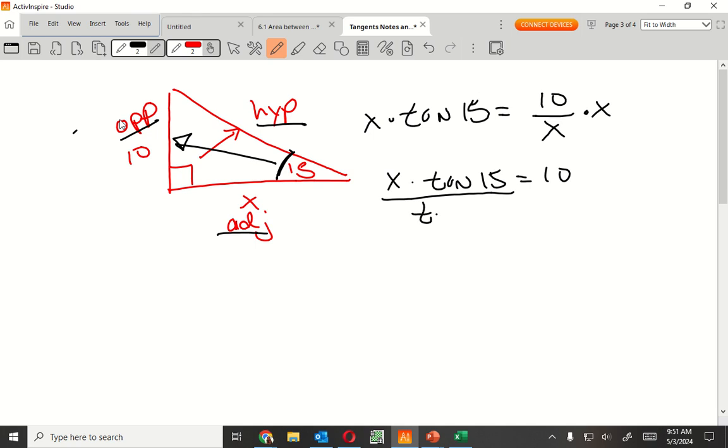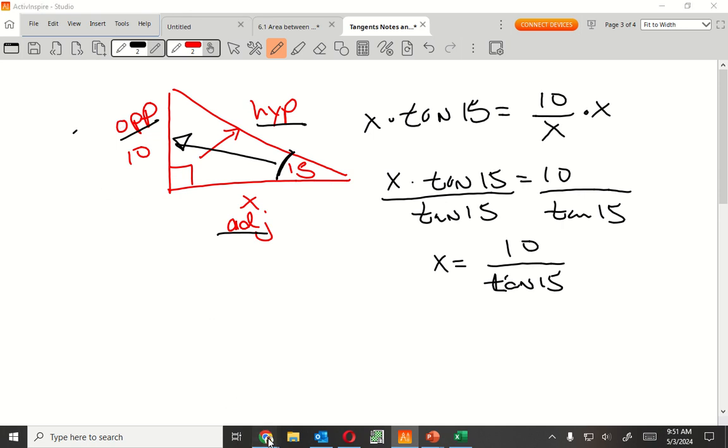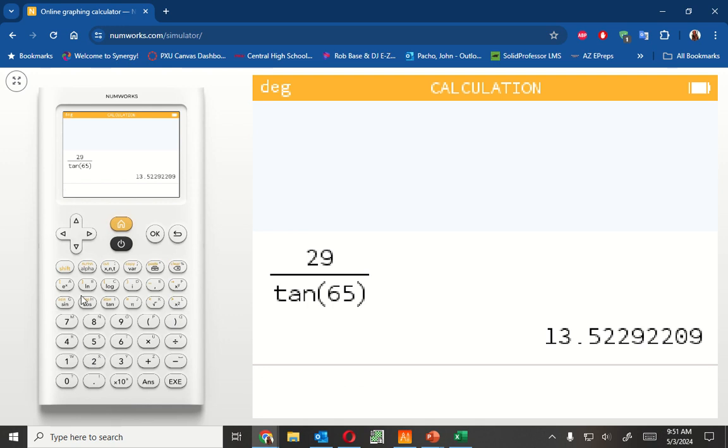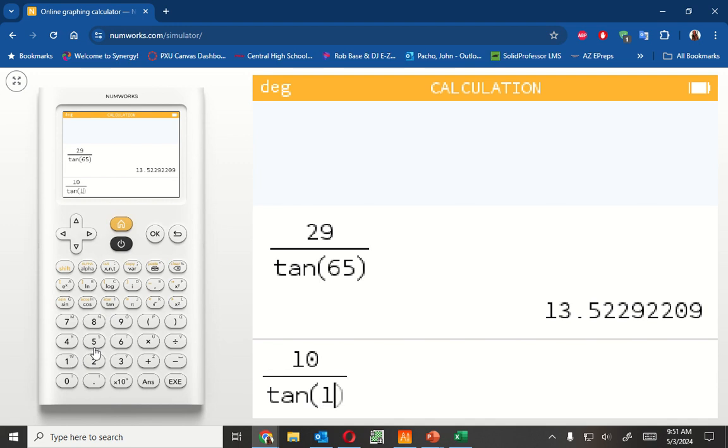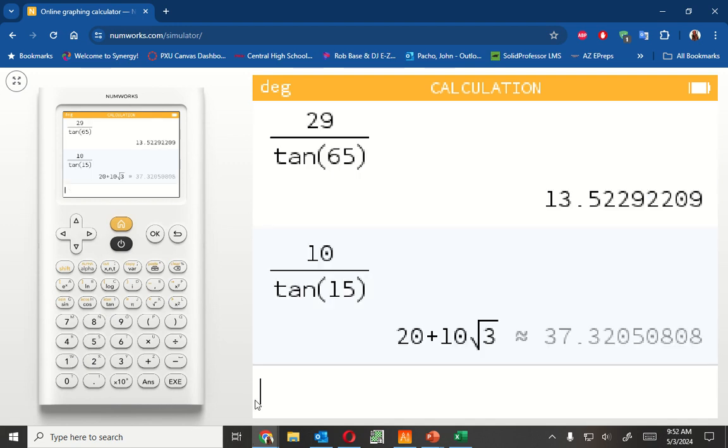Divided by tangent 15. X is 10 over tan 15. And let's see what my calculator says. 37.3.